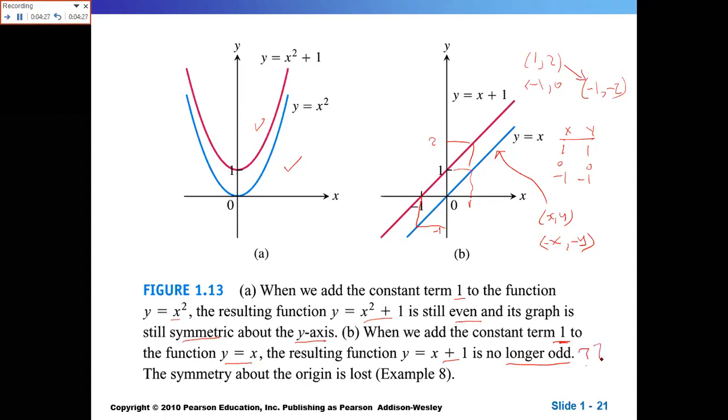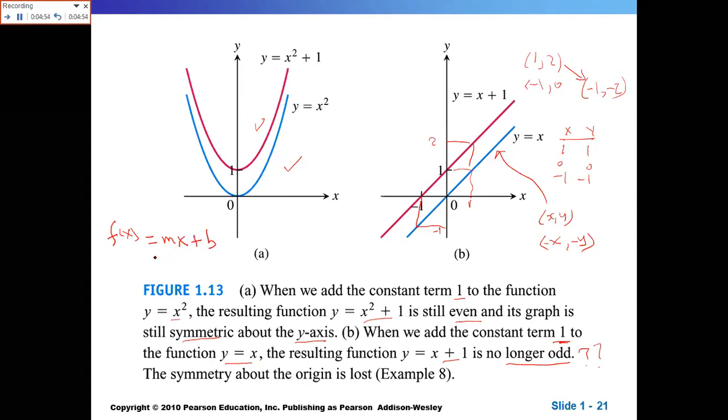And we talked about this in a previous class. We talked about it when I told you about the general equation of the straight line. We said the general equation of the straight line, we could just say f of x equals mx plus b.